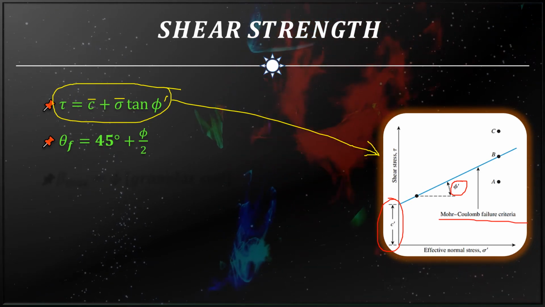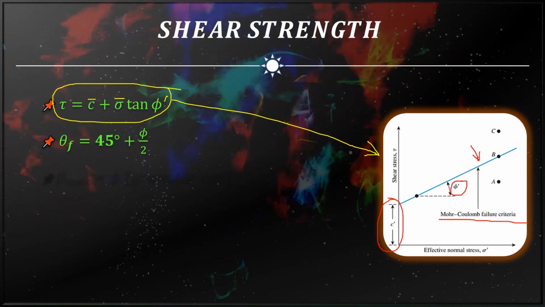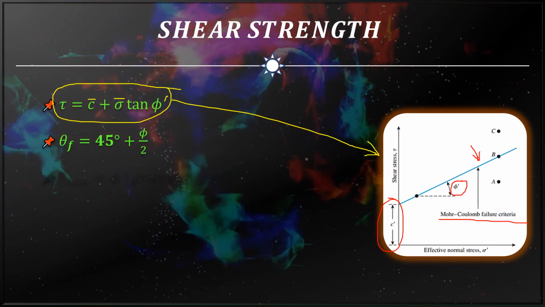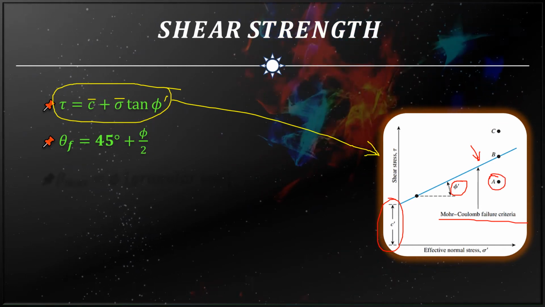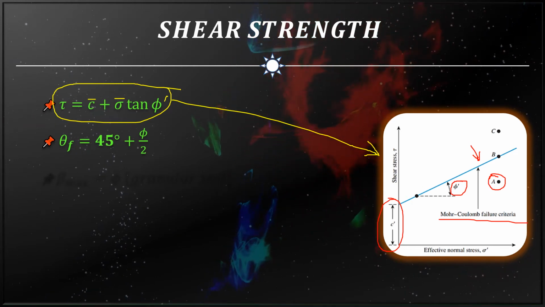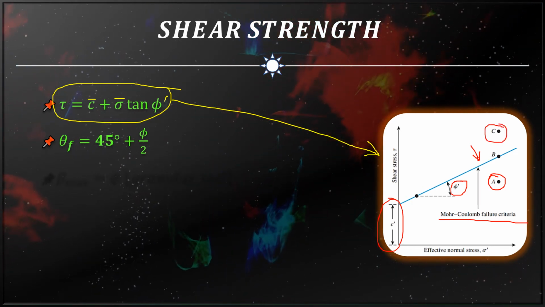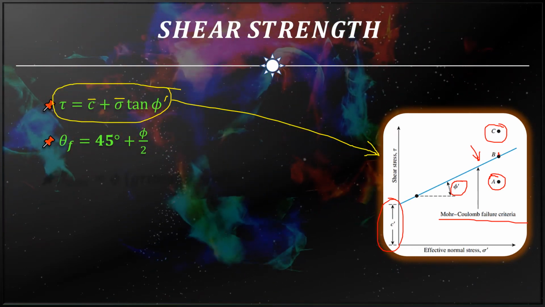This is the Mohr-Coulomb failure criteria. This is the Mohr-Coulomb envelope, and the plane below the envelope is safe, and at the envelope is at the verge of failure, and above this does not exist, because just above the envelope the soil has failed.